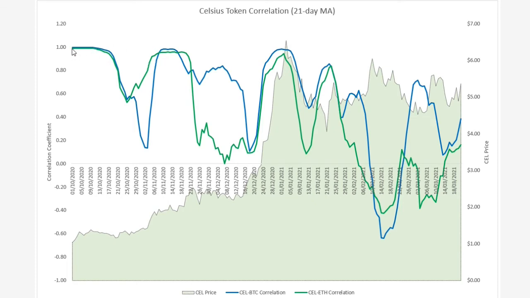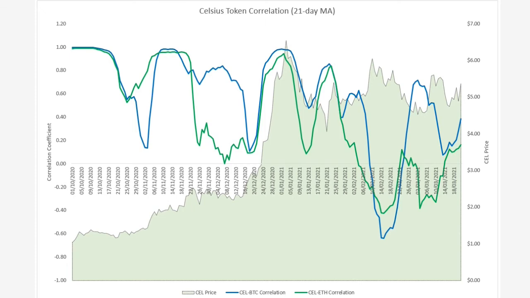What this means is that on the 1st of October, the correlation coefficient is based on the previous 21 days averaged out. The reason for doing this is that a 21-day moving average reduces the volatility or noise in the data, and 21 days is three weeks, a weekly metric, so it also removes the perhaps bias due to seasonality.